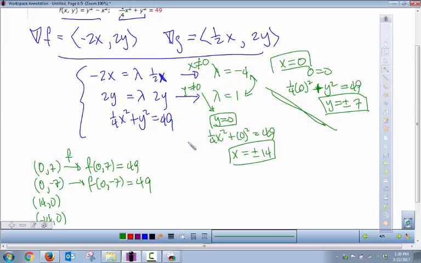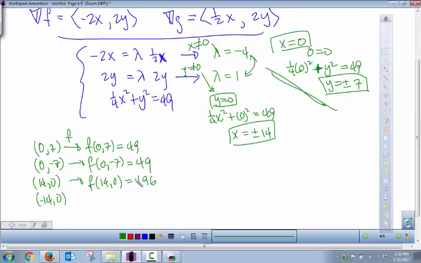And now we're going to try putting 14 in for x and 0 in for y. Negative. And then if we put negative 14 in for x and 0 in for y, we're also going to get negative. I guess negative 196 is our minimum and 49 is our maximum.